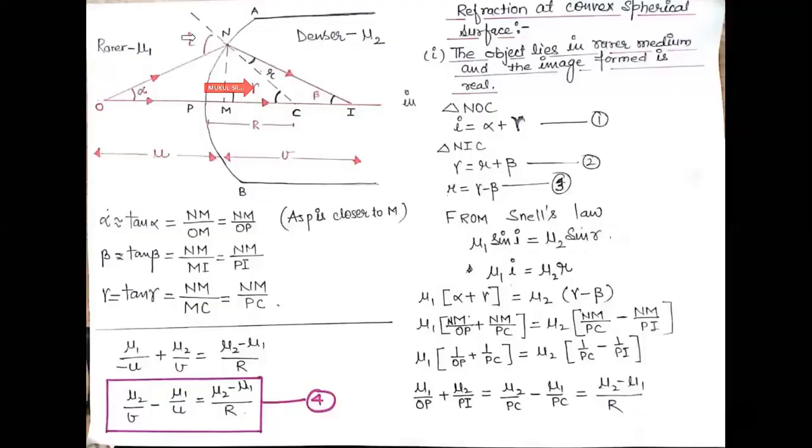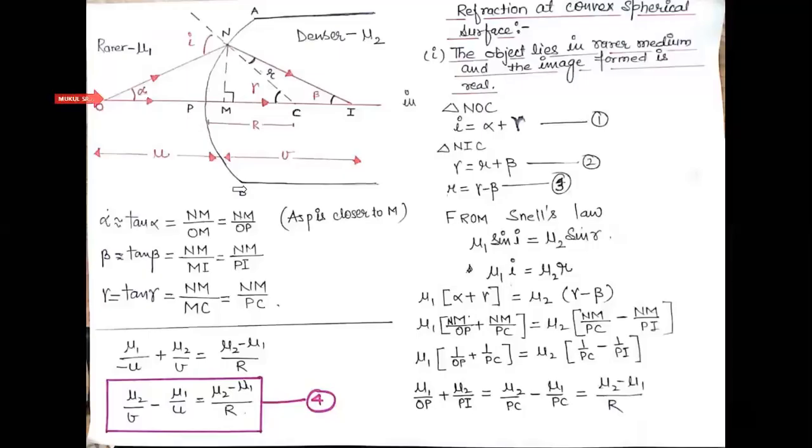Now in this figure, you see that the angle of incidence is an external angle of triangle NOC. As we know, the external angle of a triangle is always equal to the sum of the internal angles. So alpha plus gamma equals i.